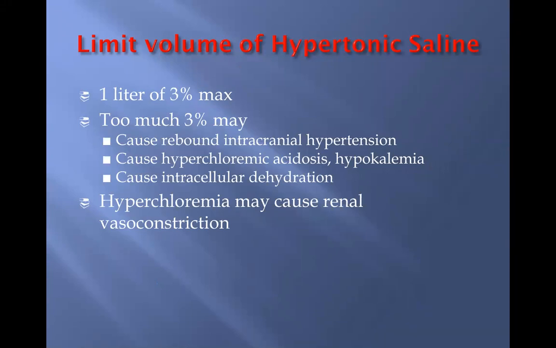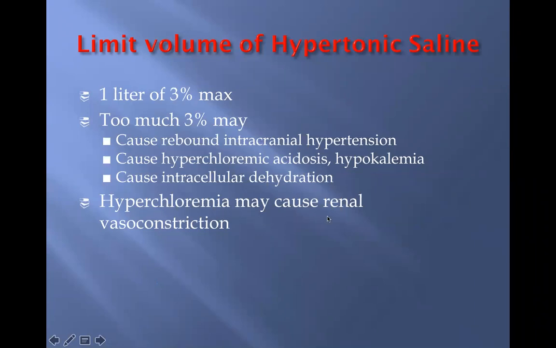Limit the volume of hypertonic saline; 1 liter of 3% sodium chloride is the maximum. Too much of 3% sodium chloride may cause rebound intracranial hypertension, hyperchloremic acidosis and hypokalemia, and intracellular dehydration.